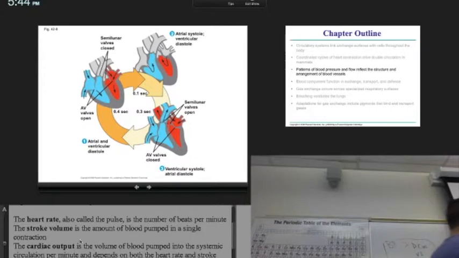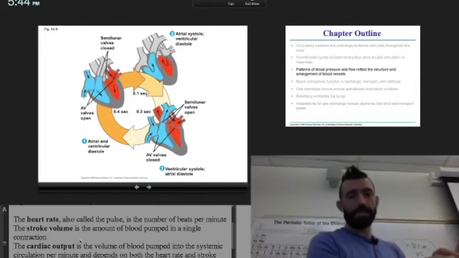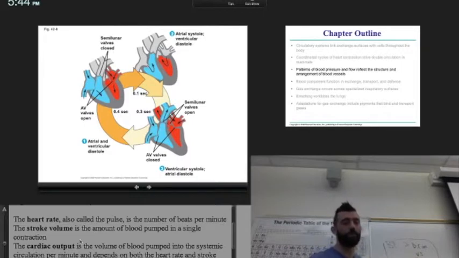So your heart rate is basically the number of pumps per minute, usually, when they measure it. And that depends on stroke volume, which is defined as the amount of blood pumped in a single contraction.